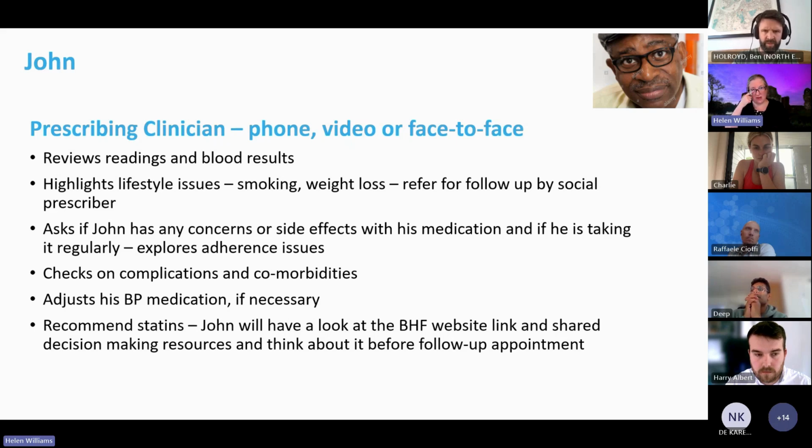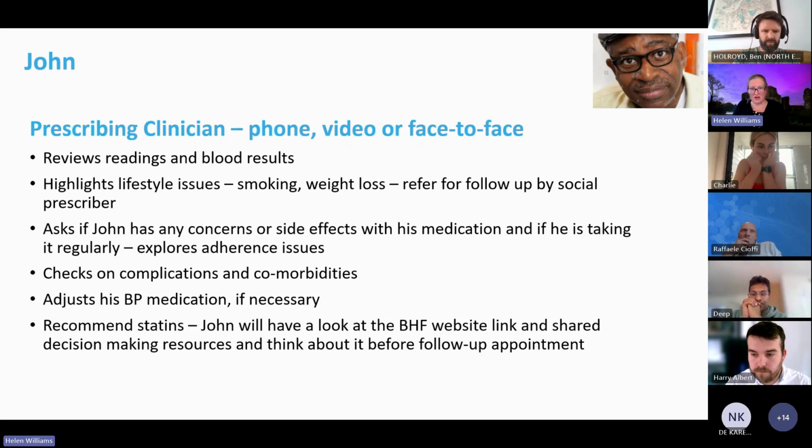It's surprising how many people pick up their medicines but still store them in the cupboard at home. So the collection of medicines, the regular prescribing and dispensing of them doesn't necessarily equate to adherence, and you know, open questions about whether the patient is or isn't taking their medicines.